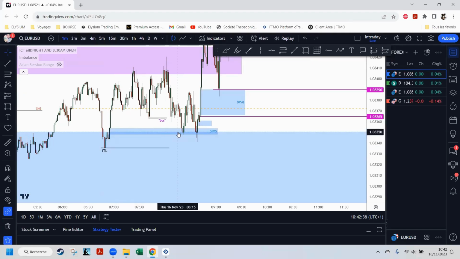And so I waited for this kind of shift, okay, or this kind of shift, and I put my stop loss below. I took the trade from this fair value gap, okay, boom, stop loss hit.